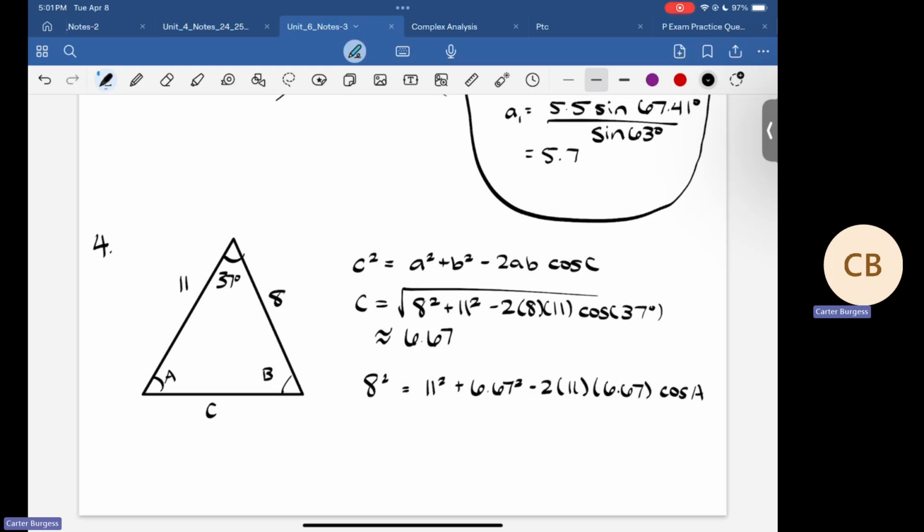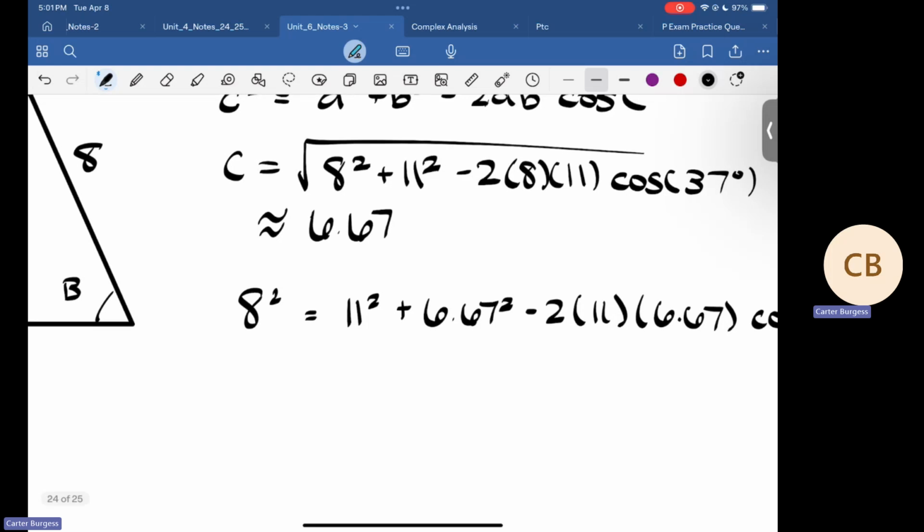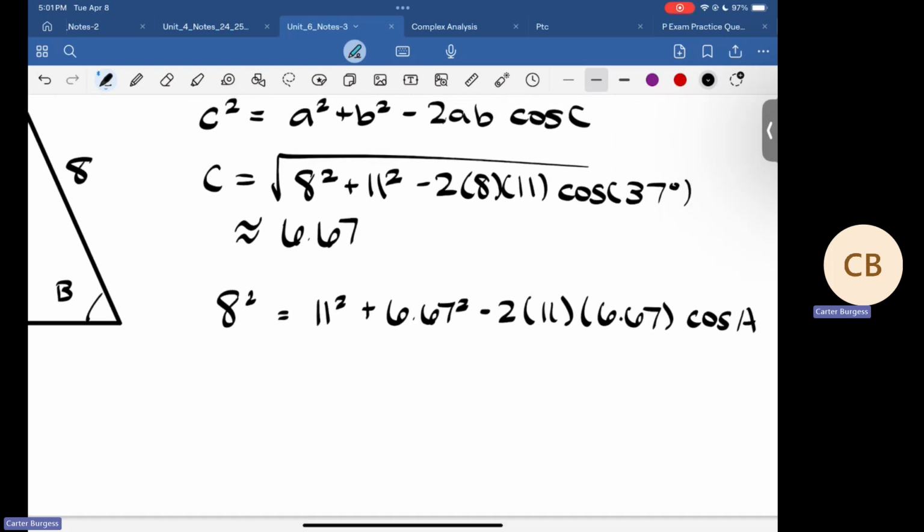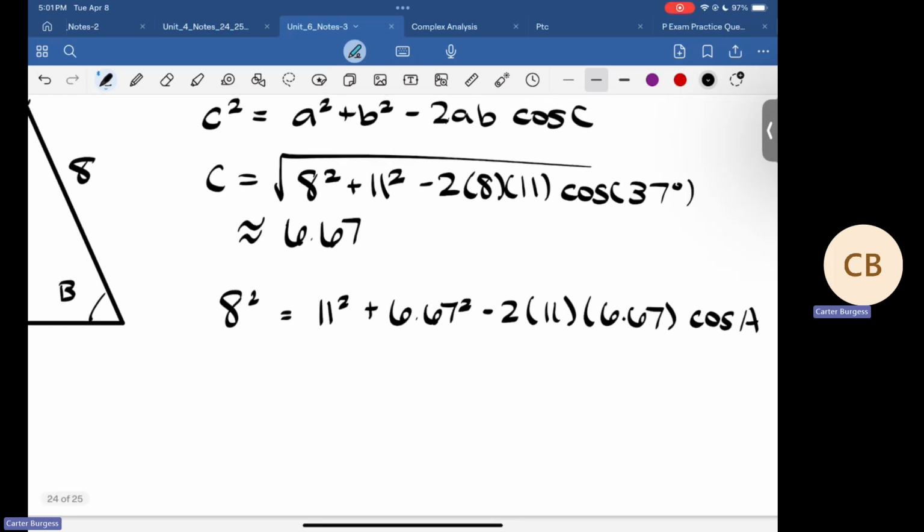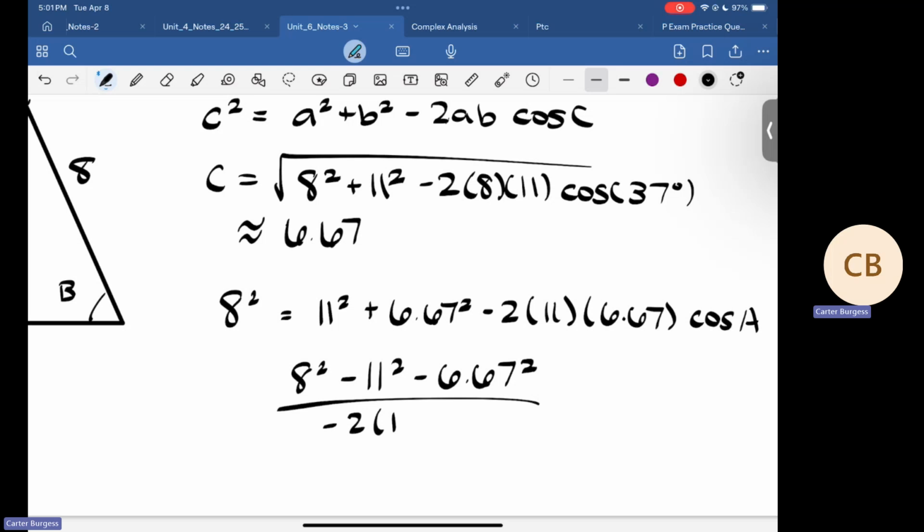I would say the same thing above as well. Be very careful of PEMDAS. It's the biggest thing that I see people mess up. We have to undo with subtraction first, and then we're going to divide while trying to isolate A. So this is 8 squared minus 11 squared minus 6.67 squared divided by negative 2 times 11 times 6.67, which is equal to cosine of A.